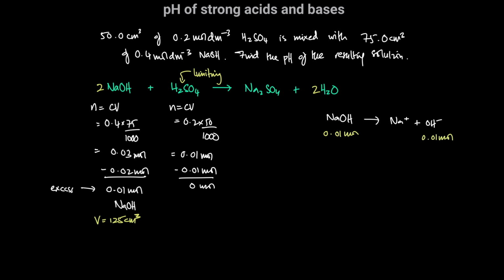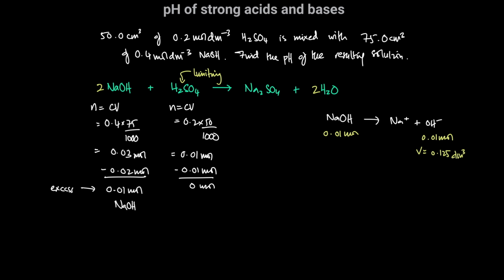Again, we can assume that the concentration of hydroxide from water is negligible. All the hydroxide is coming from NaOH. So this is the number of moles of hydroxide, and the volume is 0.125 decimeter cube, that's 125 centimeter cube.